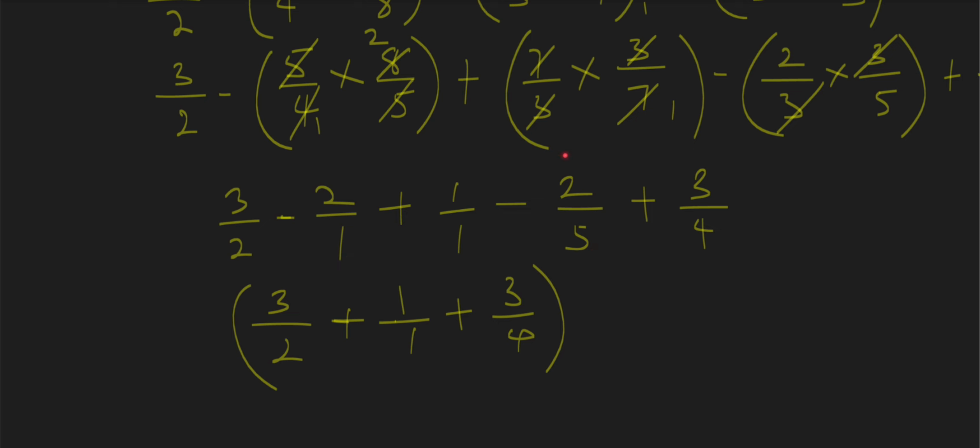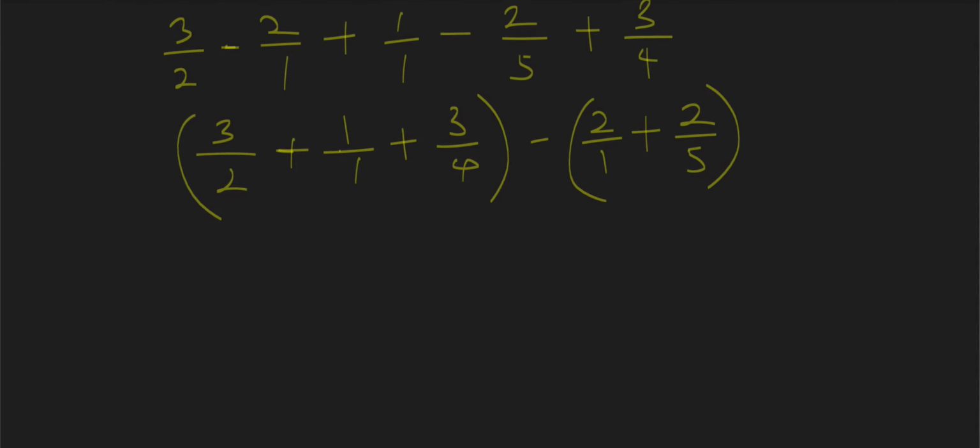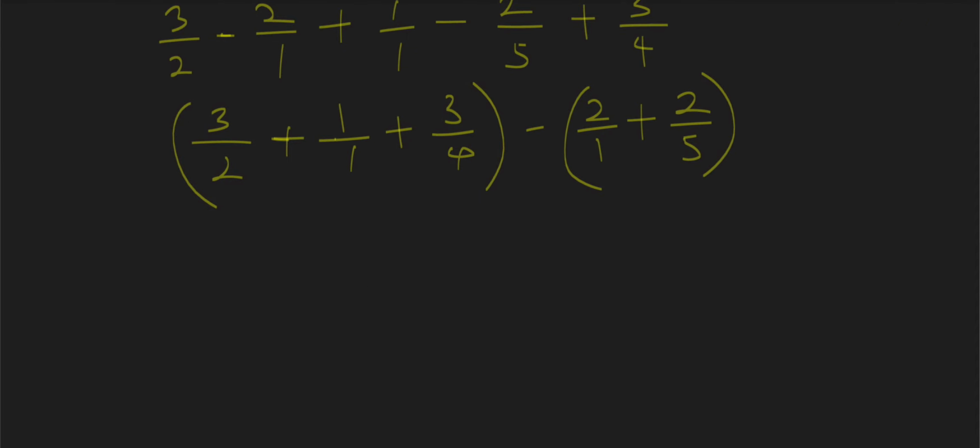So I can bring out the minus sign and say this is the same as minus in bracket 2 over 1 plus 2 over 5. Okay, so we're making progress. Now we have this.